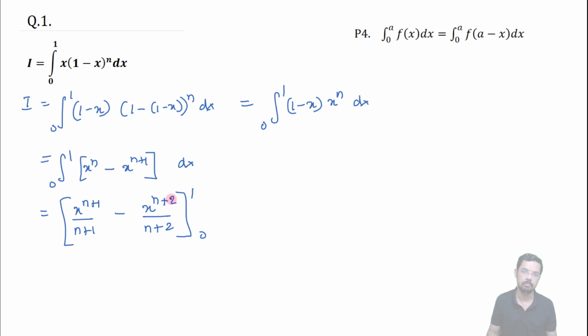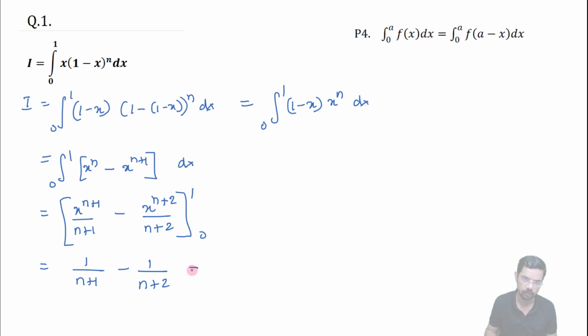Now we shall apply the limits. We first put x equal to 1 and then x equal to 0. When we put x equal to 1, we get 1 raised to something divided by this, so it is 1 by n plus 1 minus 1 by n plus 2. When we put 0, the terms become 0.